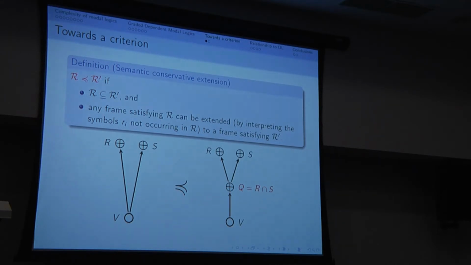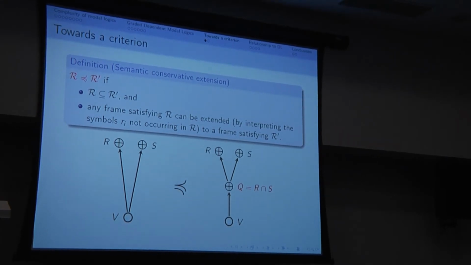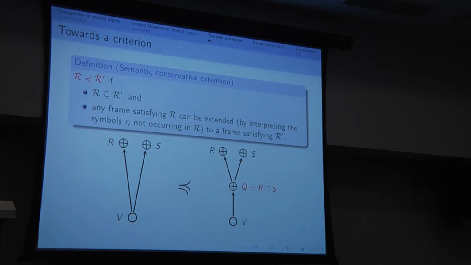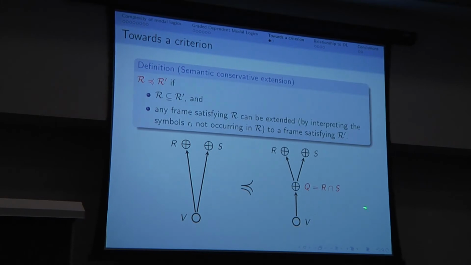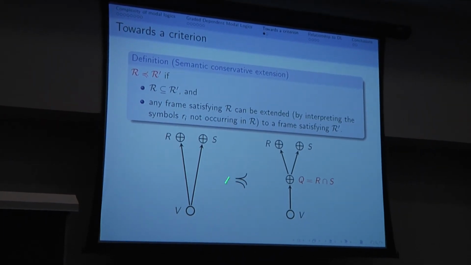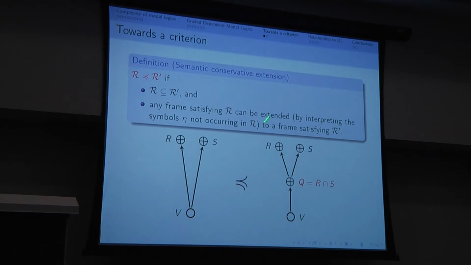So if we have a set W and three binary relations on it that obey this RBox, can we insert a transitive relation in here in order to satisfy this RBox? Of course, we can take just the intersection of two transitive relations. The intersection of two transitive relations is again transitive, and it will be a super relation of this relation V. So any frame satisfying this can be extended to a frame satisfying this RBox.